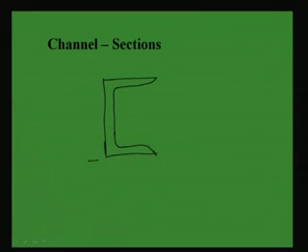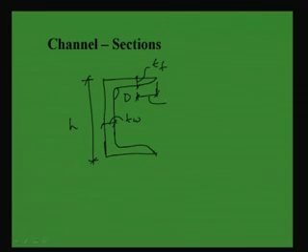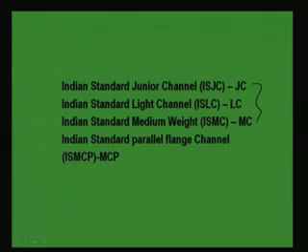So, in channel section also, this is the depth of the channel which is written as H, this is the slope D, this is the thickness of the web TW, this is TF, thickness of the flange, and that will be measured at a distance of B minus TW by 2, where B is the width of the flange, right, and this is as usual R1 and this is R2, right.